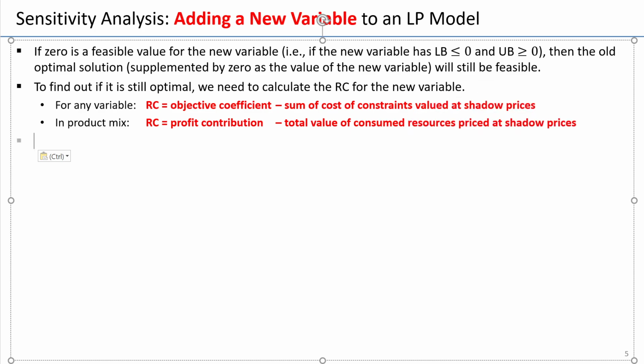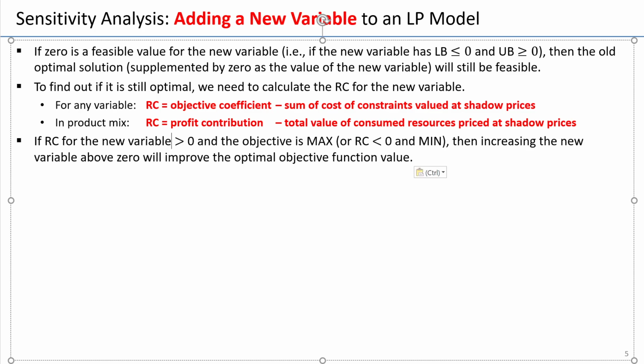And I want to emphasize, these formulas work for any decision variable in the model and also for any variable that you potentially want to add, assuming this new variable is equal to 0, right? So if we find the reduced cost, and the reduced cost for this new decision variable is positive and the objective is maximization, then what does it indicate?